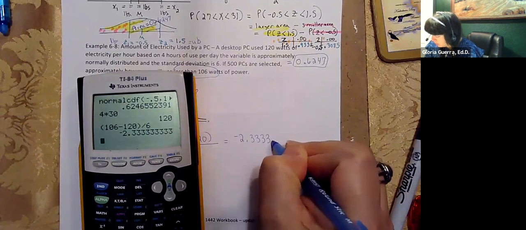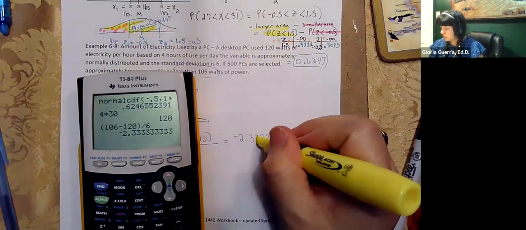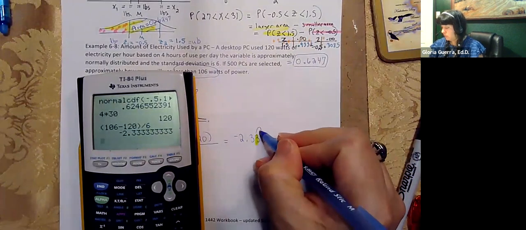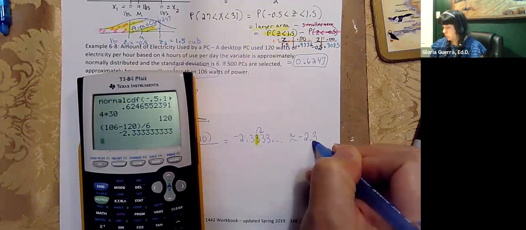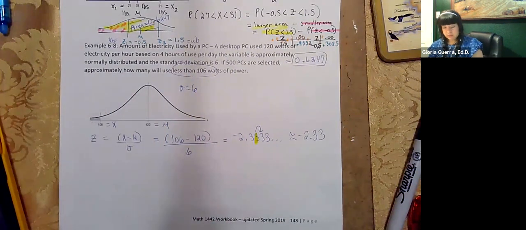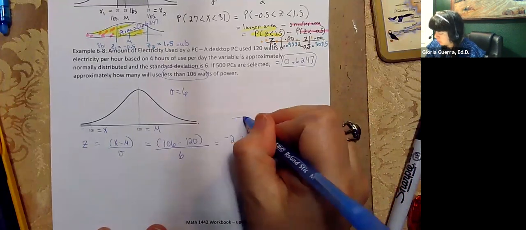And I'm not going to write all those threes. I'll do dot, dot, dot. But remember Z's have to be written to the hundredths. Area is ten-thousandths. Z's is hundredths. So you look at the number to the right. Is that 5 or more? No. So it looks like it's negative 2.33 for your Z. Okay. And then they also didn't draw a new picture for us, so we'll have to draw that ourselves.